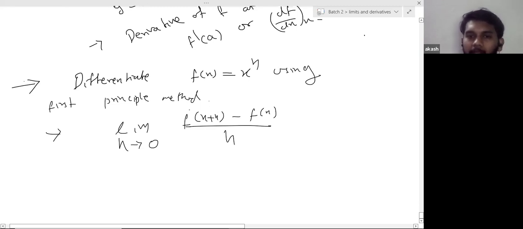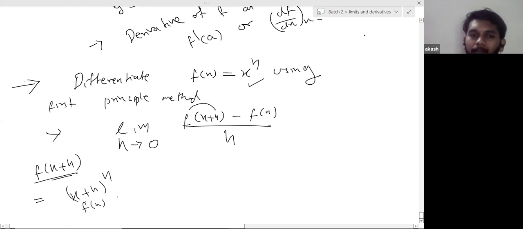So first try to find this f of x plus h. So how we can find f of x plus h? Just put this value in the function. So what you will get? x plus h whole raised to the power n. And what is f of x? That is x raised to the power n.